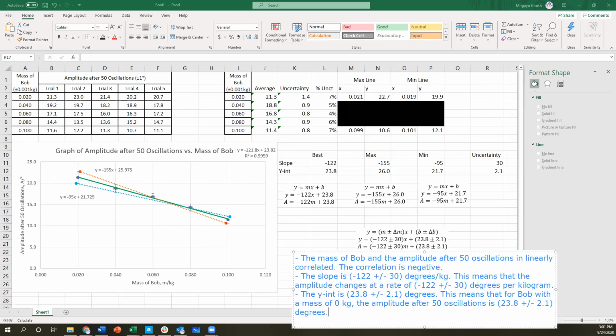Does that make sense, how I got that? Remember, the y-intercept is when x equals 0, y equals 23.8 plus or minus 2.1. If you think in terms of x and y, then convert that into your real-world scenario.